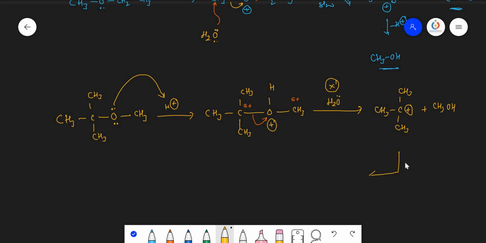This tertiary carbocation will then be attacked by H2O in this particular step, giving CH3, CH3, CH3, O, hydrogen and hydrogen, with the positive charge over here, and on loss of H plus ion from here, we get the tertiary alcohol.